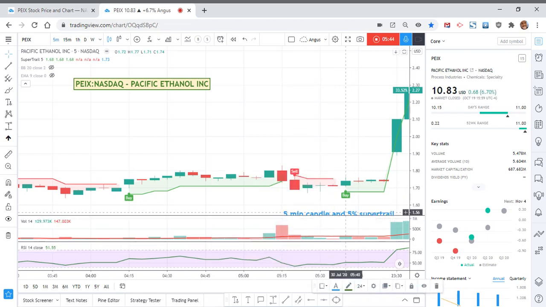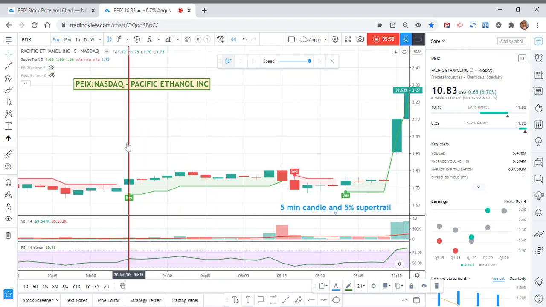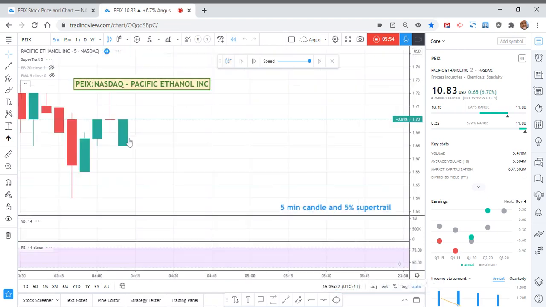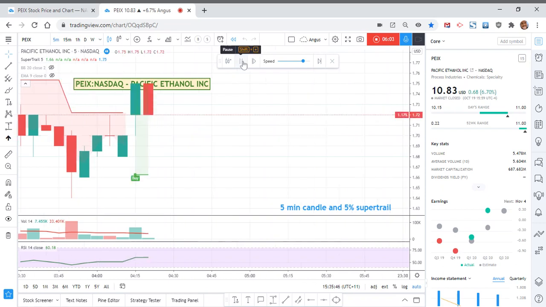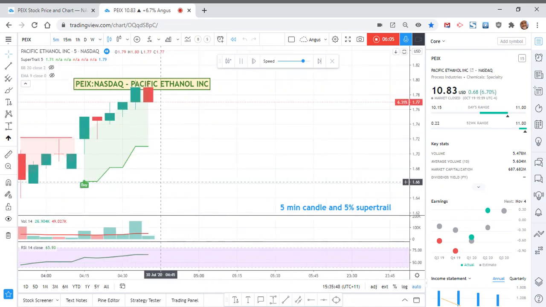Let's move it up a bit so we know what we're looking at. And so let's go to bar replay. Let's click around here. Let's move the speed down just a little bit, and let's go play. It's just a matter of watching this and seeing how it moves.